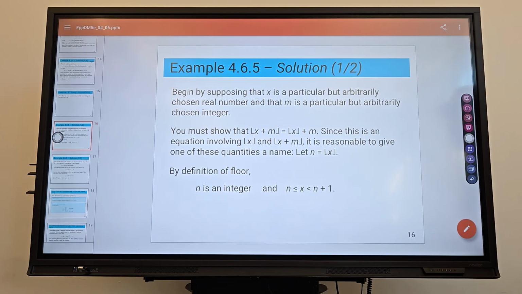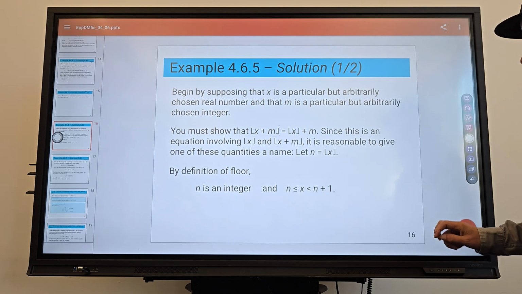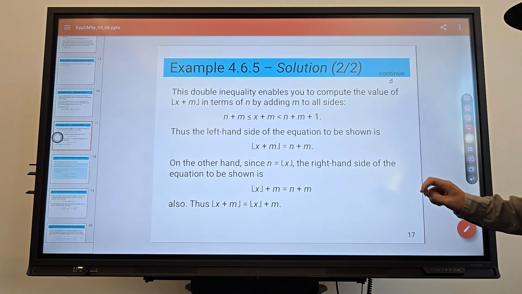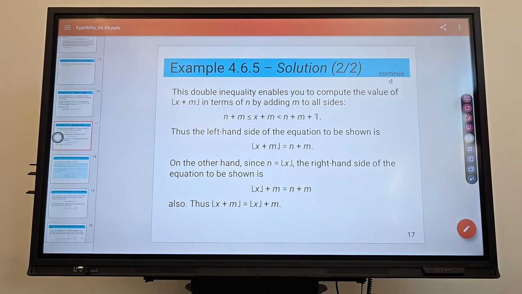Since the equation involves the floor of x and the floor of x plus m, it is reasonable to give one of these quantities a name. By definition of floor, n is an integer, and n is less than or equal to x and less than n plus 1. This double inequality enables you to compute the floor of x plus m in terms of n by adding m to all sides.